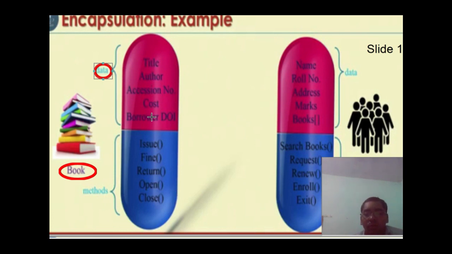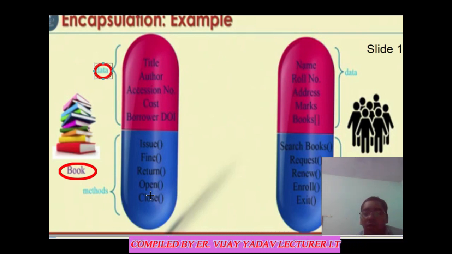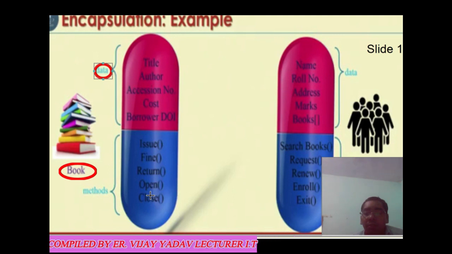And there are different methods required in order to process a book, like issue, return, fine if it is late, open a book, close a book, whatever it is. These are the methods. All these data and methods are there to define a class called book.